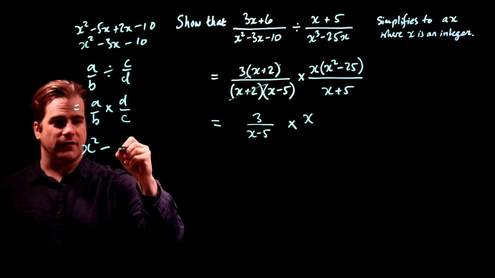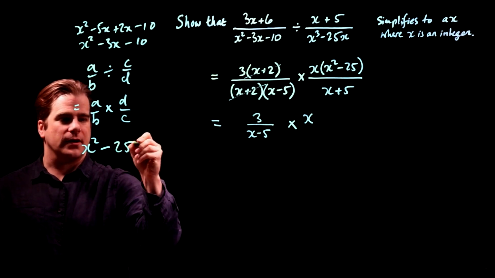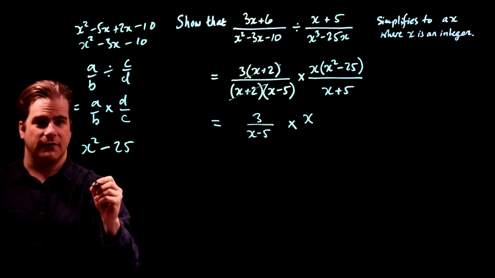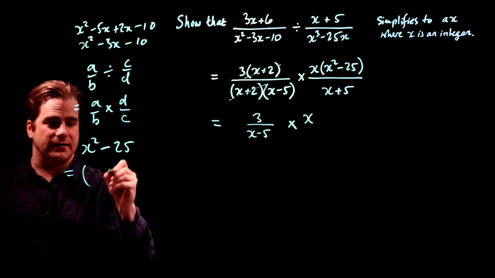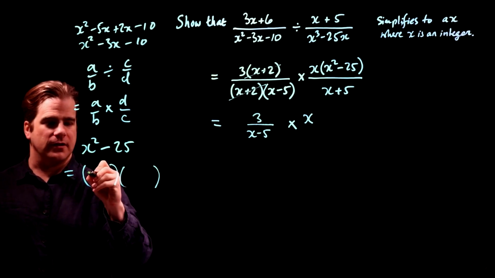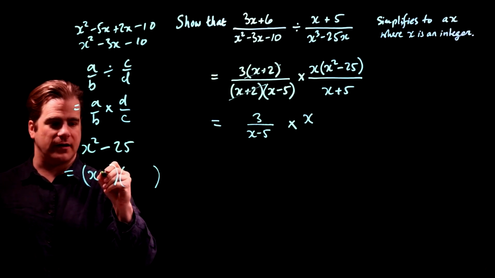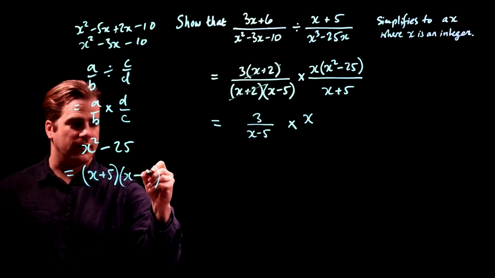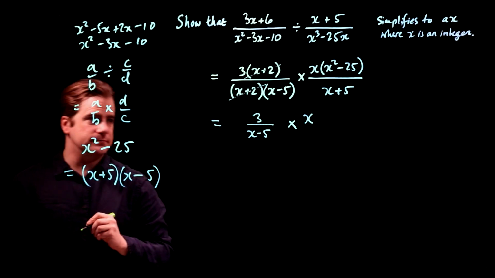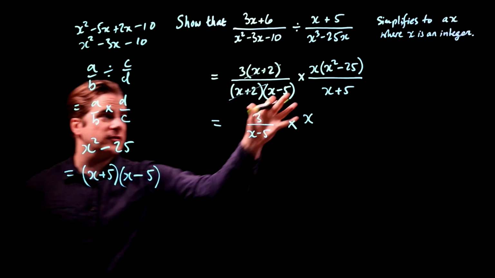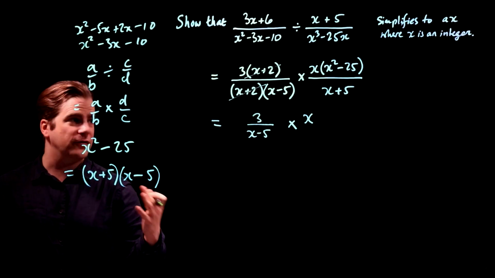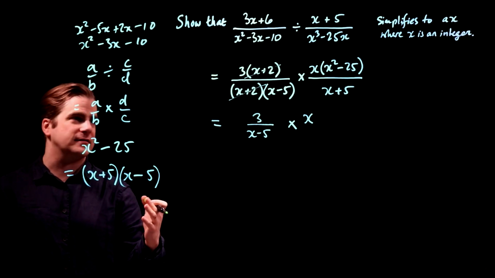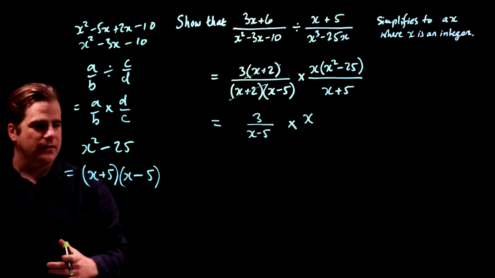In this case, it's 25, it's 5 squared. Then you can immediately factorize that. It's very easy. It's just equal to x plus the square root of that number and x minus the square root of that number. So get used to spotting those. Like I say, x squared minus 4, x squared minus 9, x squared minus 16, and so on.